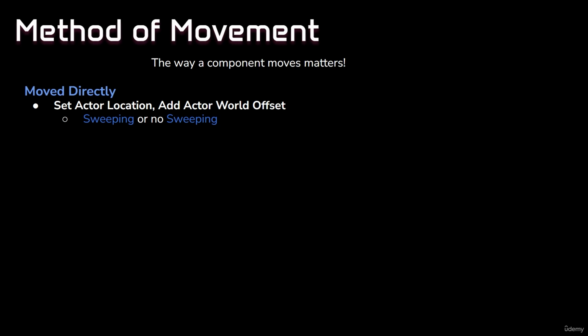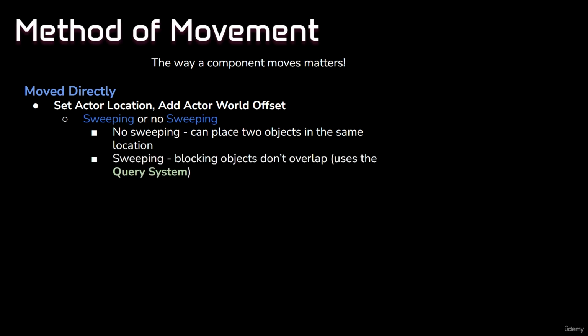Sweeping involves stopping an object if it encounters a blocking geometry between its old location and the new location that we're setting for it. Without sweeping, we could place two objects in the same location, overlapping each other, even if they're set to block each other's object types. But with sweeping, blocking objects will not overlap because the sweep will stop them from doing so.